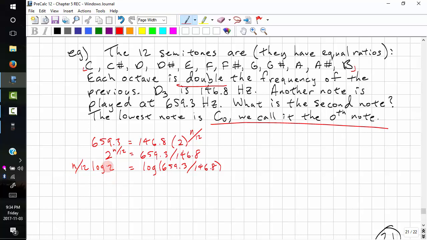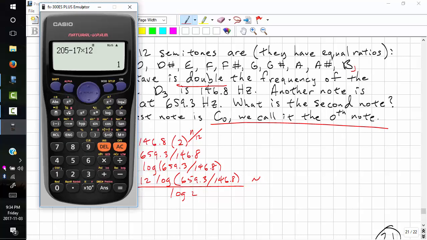So log 2 is in the numerator, we put it in the denominator, and the 12 is in the denominator, so we move it into the numerator. All divided by log 2.